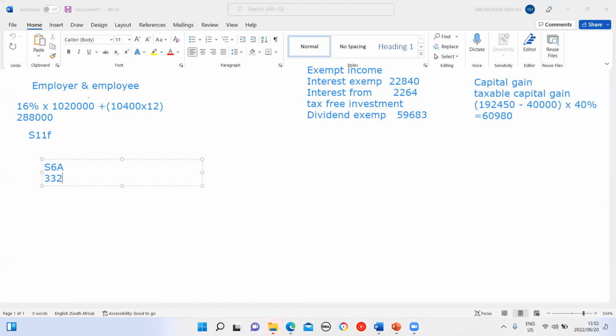So section 6A now, what do we have? We said that it's 332 for the first two, as per what I was explaining on the slides.